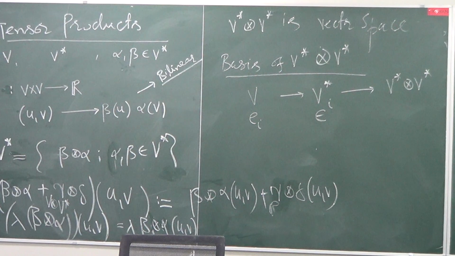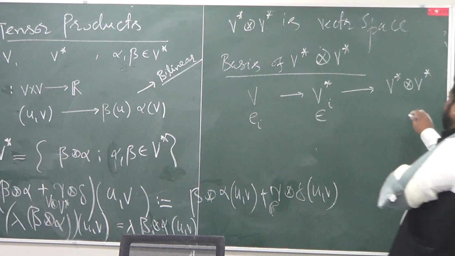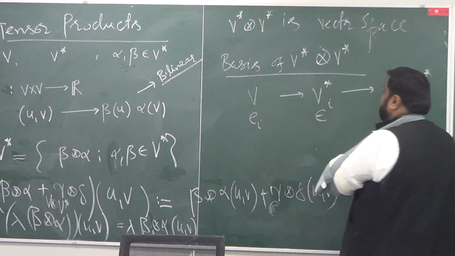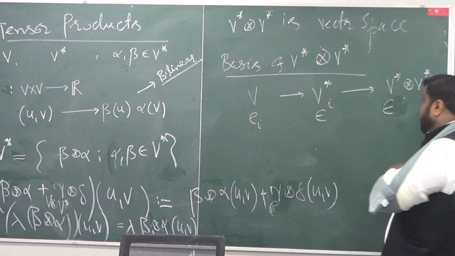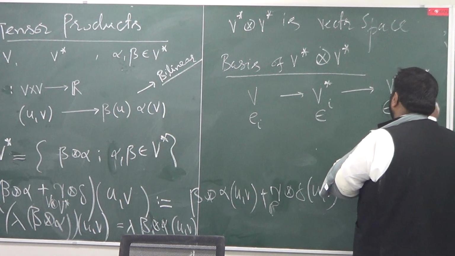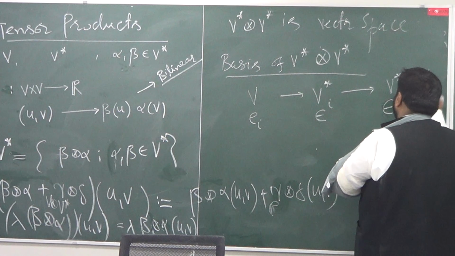As intuitively suggested, why not take the tensor product of epsilon i's with itself? In other words, the basis of this is going to be all possible tensor products of the epsilon i's, so epsilon i tensor product epsilon j.